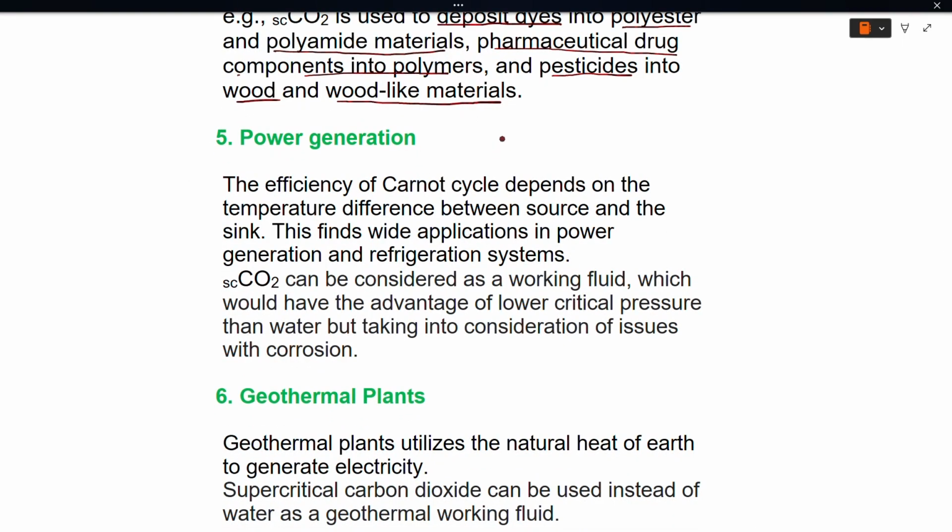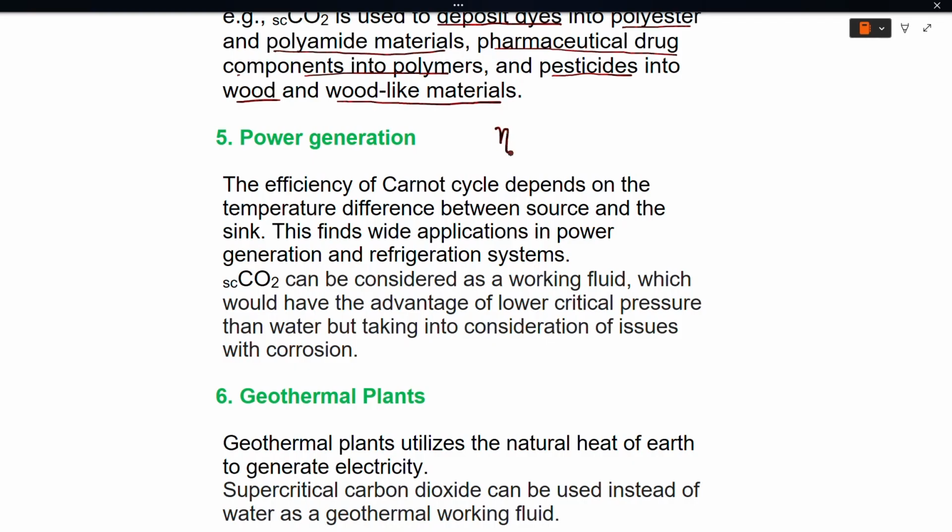In power generation, we have seen that the Carnot cycle is an engine based on the temperatures of sink and source. Okay, that is eta is equal to temperature in the hot condition minus temperature in the cold condition divided by temperature in the hot condition.